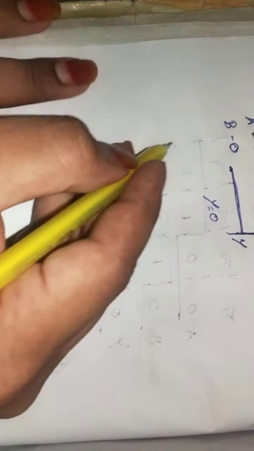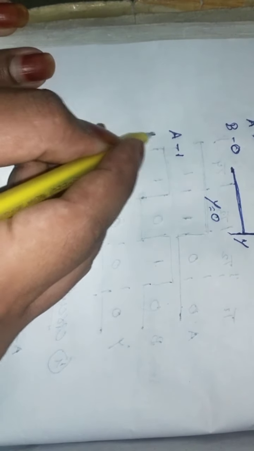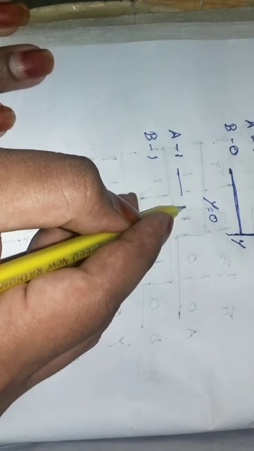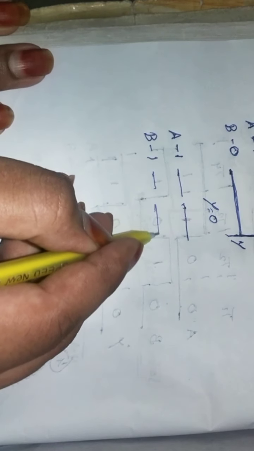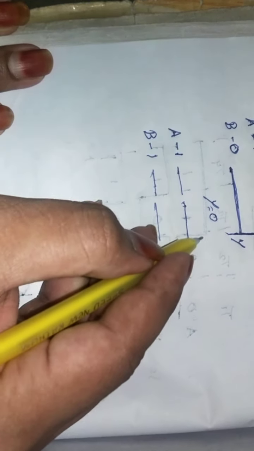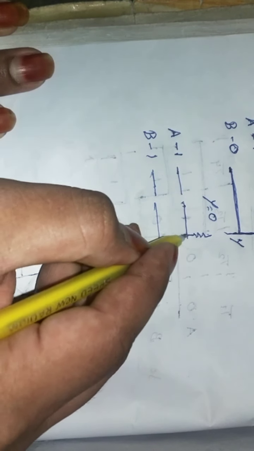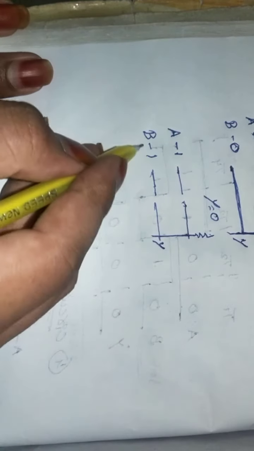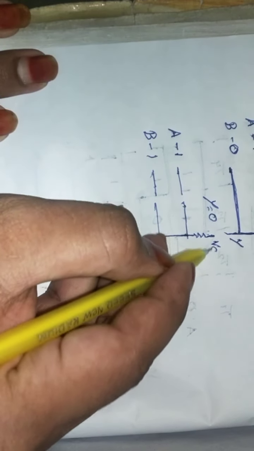Finally we take A equal to 1 and B equal to 1, so both inputs are open circuit. Therefore, the voltage, resistance and output are not connected with the input.